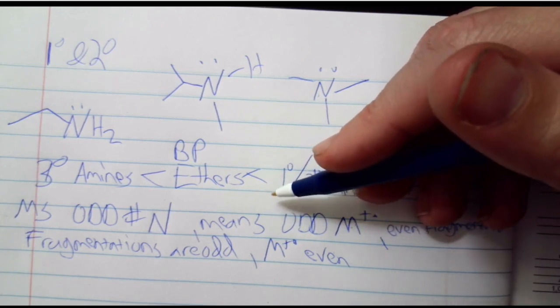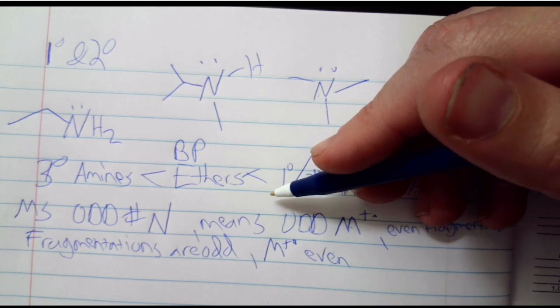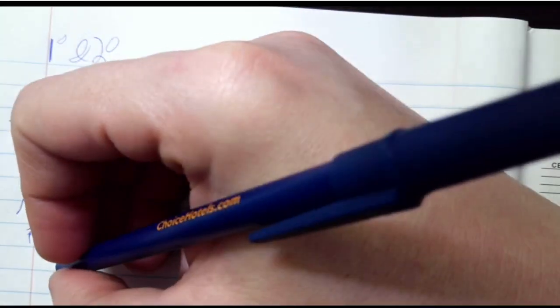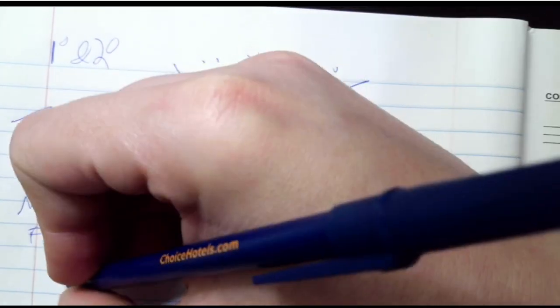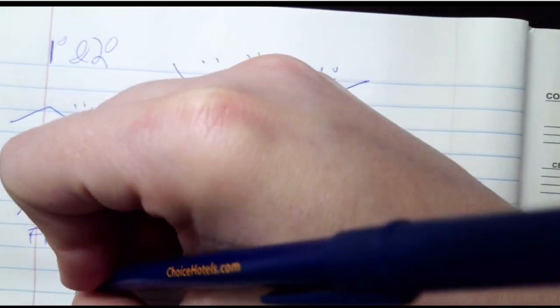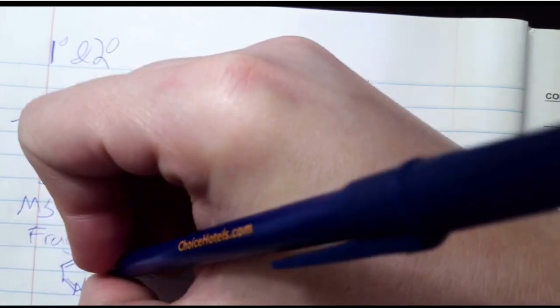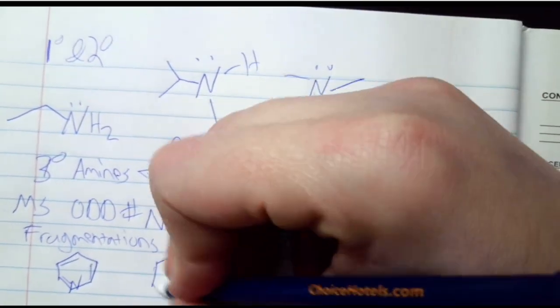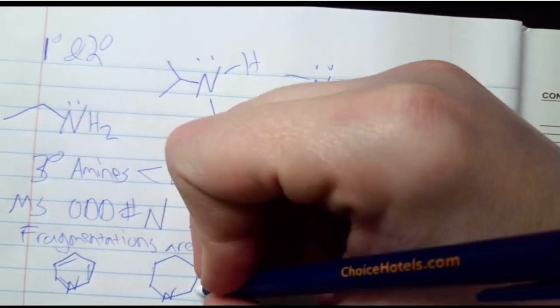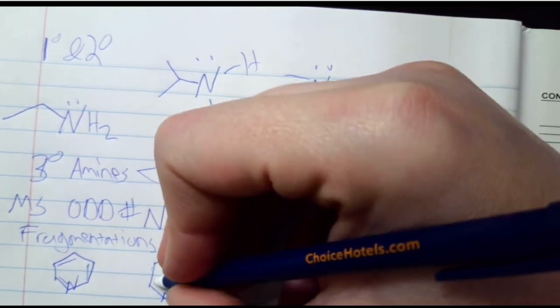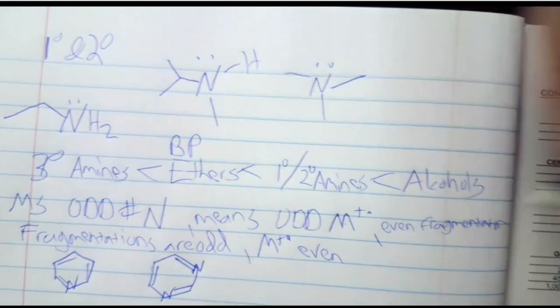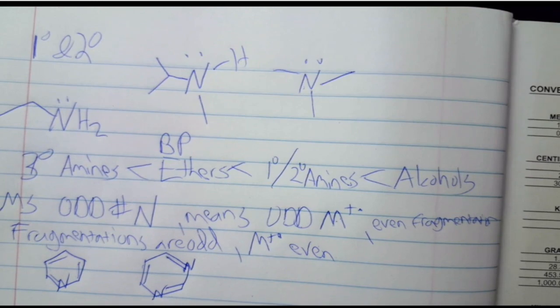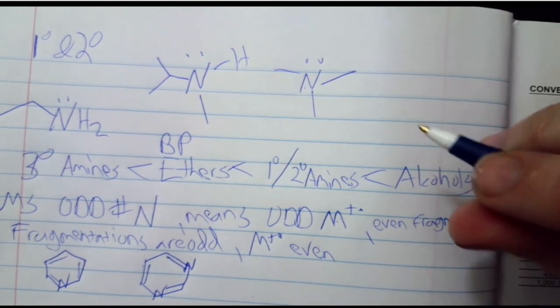But if you have 2, you're going to go back to having even mass. So that kind of throws things off. So, like, this structure is going to be odd, but this structure is going to be even. 2 nitrogens.